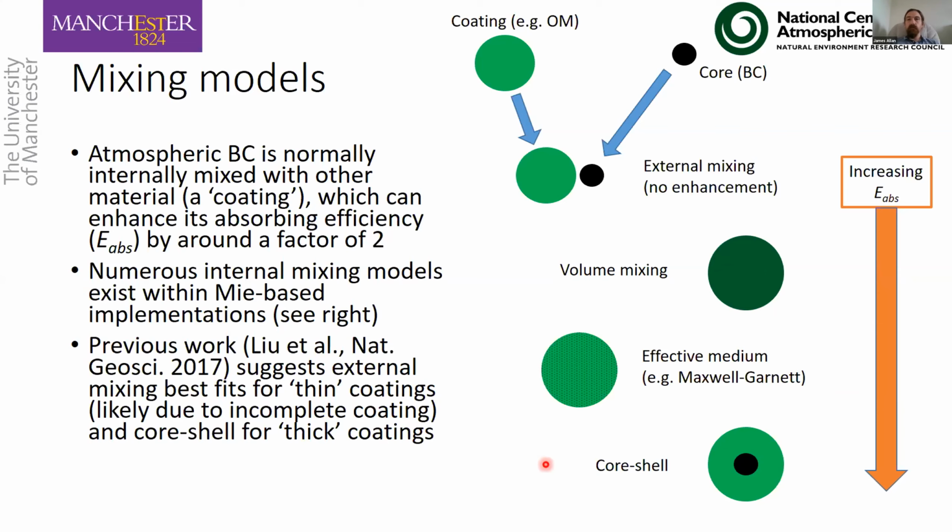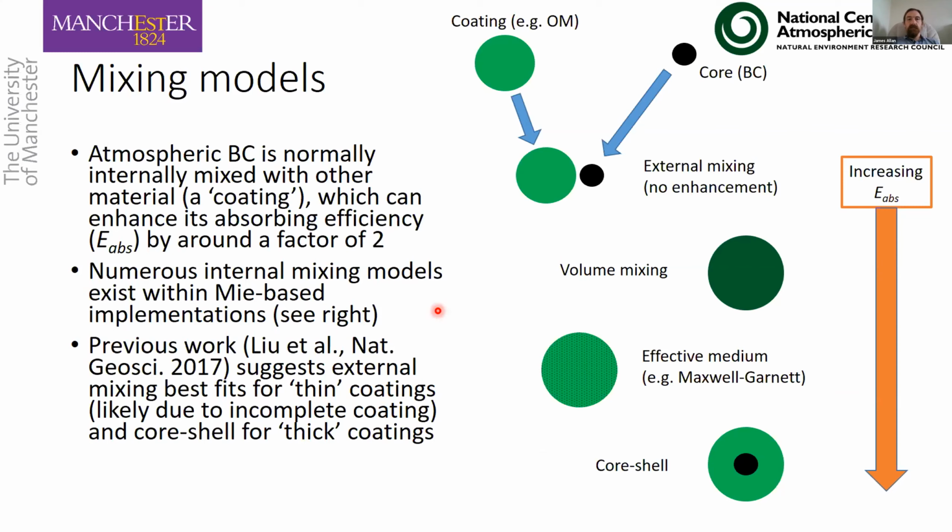There's a bit of debate about which one works, quote unquote, but I think really the debate should be on what's the most appropriate within the context of a climate model. We published previously work that suggests you may need to apply a hybrid model, where you reach a threshold for the coating thickness and then switch between models to get the most realistic outcome.